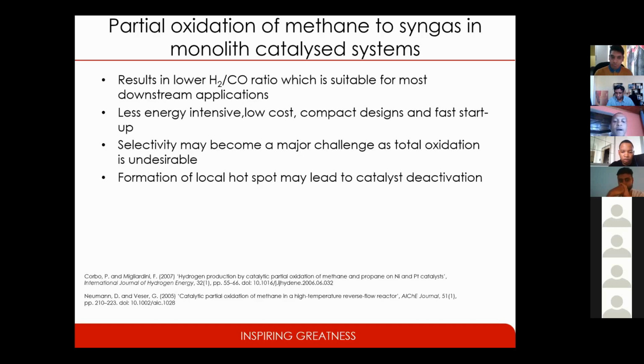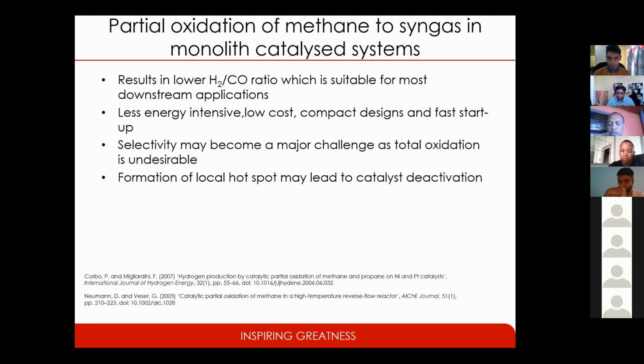And also there is formation of local hotspots, and this may lead to catalyst deactivation. These are the challenges that partial oxidation of methane in monolith reactors present, and they need to be addressed.